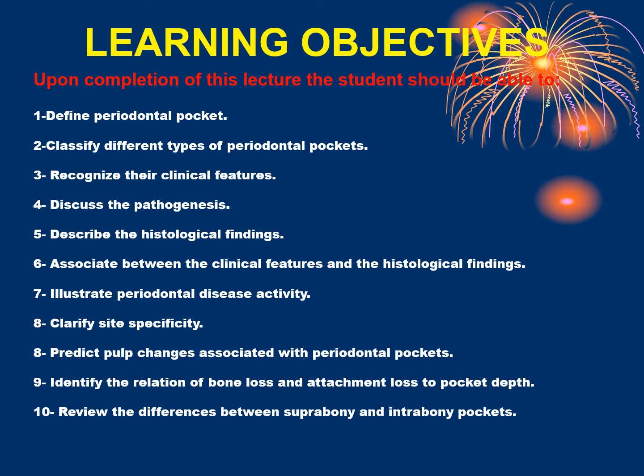He should illustrate periodontal disease activity, clarify site specificity, predict pulp changes associated with periodontal pockets, identify the relation of bone loss and attachment loss to pocket depth, and review the differences between suprabony and intrabony pockets.